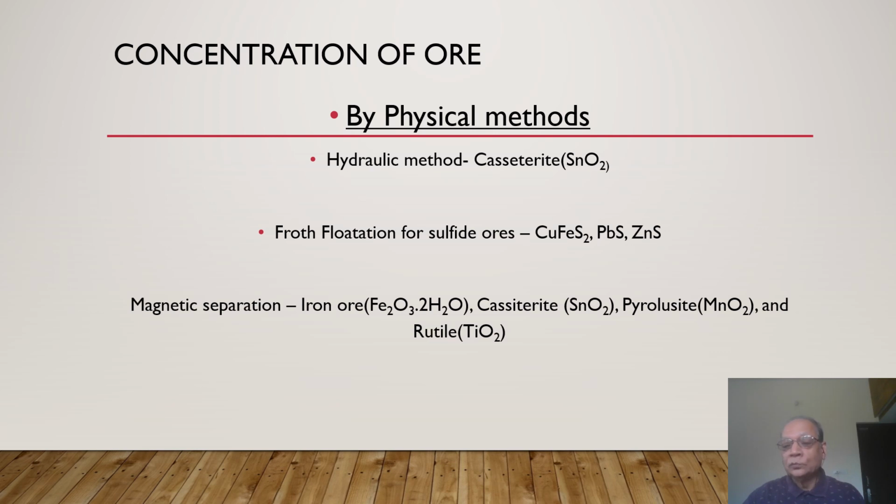Magnetic separation for iron ore, cassiterite, pyrolusite, and rutile, which is titanium dioxide. Iron ore is usually hematite, Fe2O3.2H2O. Cassiterite is SnO2, that is tin dioxide, and pyrolusite is MnO2, manganese dioxide.